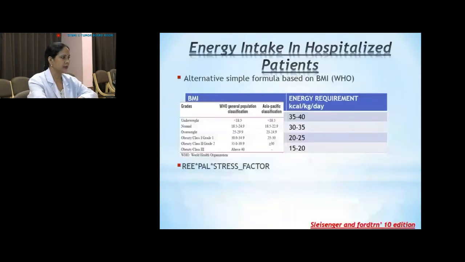Energy intake in hospitalized patients. So here is the simple and alternative formula based on the BMI given by the WHO. If the patient is underweight, the calorie calculation can be as per ideal body weight for the height. So if the patient is underweight, 35 to 40 kilocalorie per kg of ideal body weight.